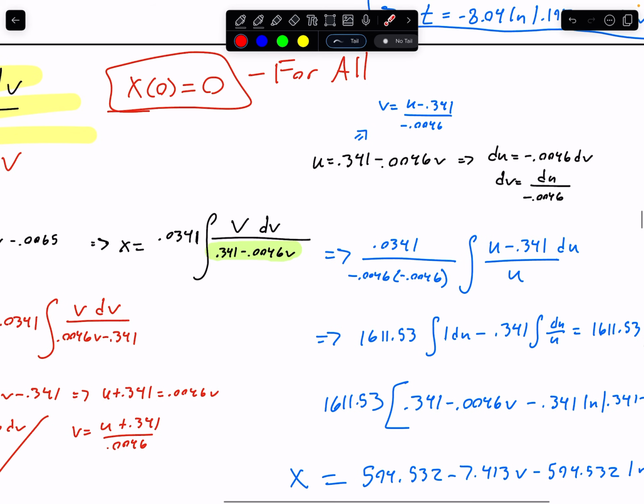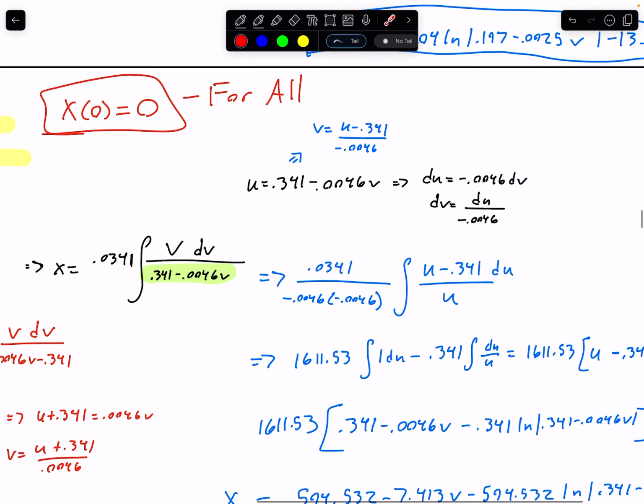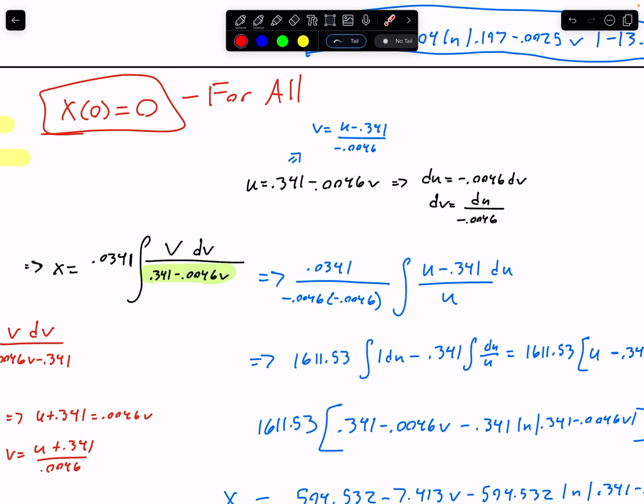So use substitution again, where u equals 0.341 minus 0.0046v, du equals negative 0.0046 dv, so dv equals du divided by negative 0.0046, but since that's a constant, we can put that out front.